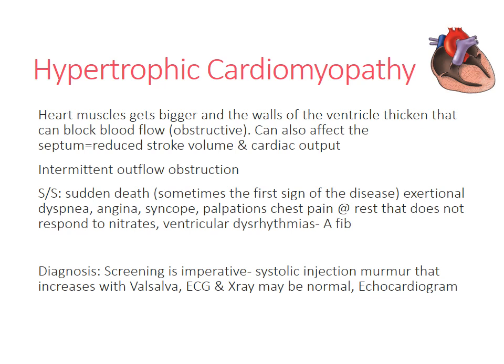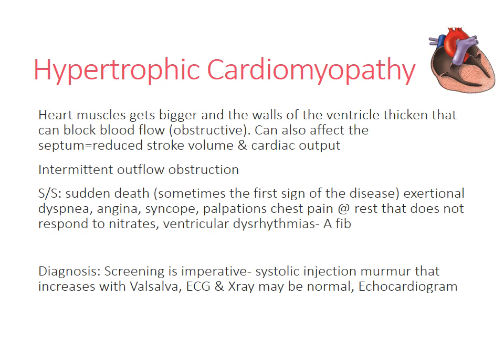So screening is imperative, okay? It's really important that we're screening patients. We look for the systolic injection murmur that increases with the Valsalva maneuver. So when the patient is bearing down, the chamber gets smaller. The Valsalva worsens the obstruction and decreases the blood flow.